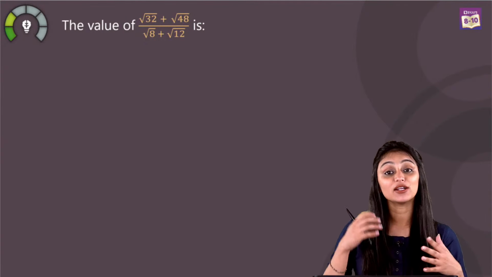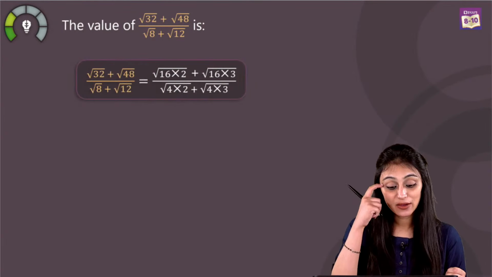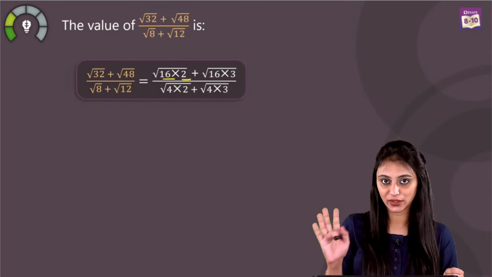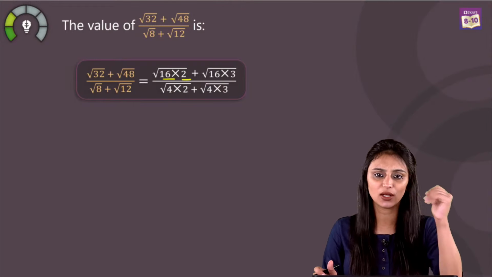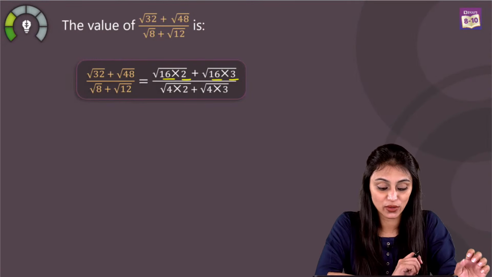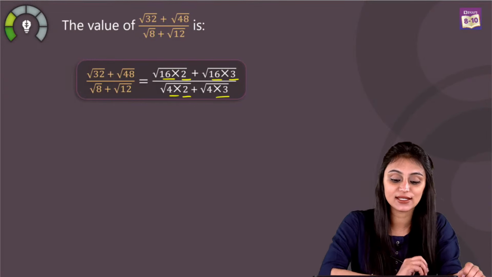Now we can see that there are square roots everywhere, right. So what we can do is, simply we can write square root of 32 as square root of 16 times 2, correct. 32 can be written this way. Root 48 can be written as square root of 16 times 3. Root 8 could be written as square root of 4 times 2, and root 12 as square root of 4 times 3.